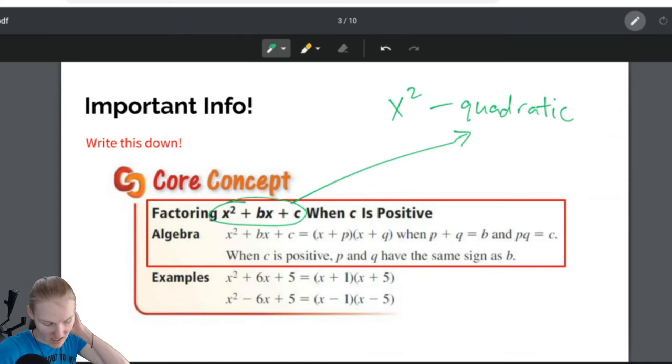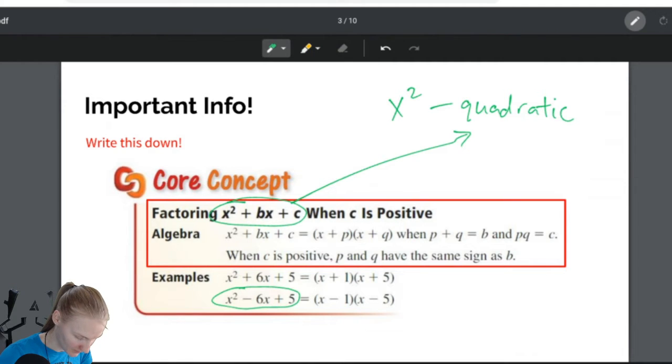So when c is positive, an example of this might look something like this. c is the number that has no x attached to it. It's just a number. So 5 here.